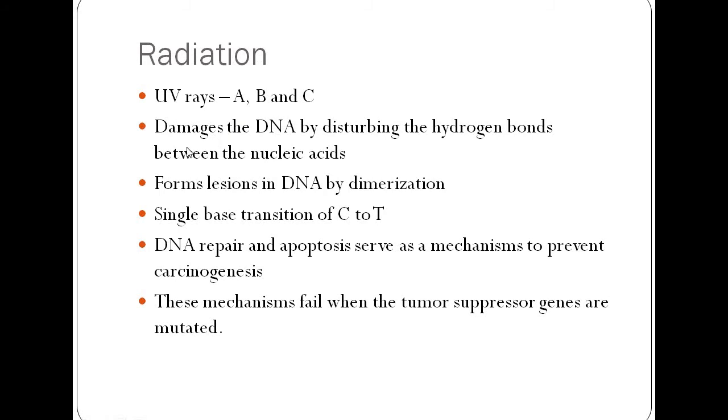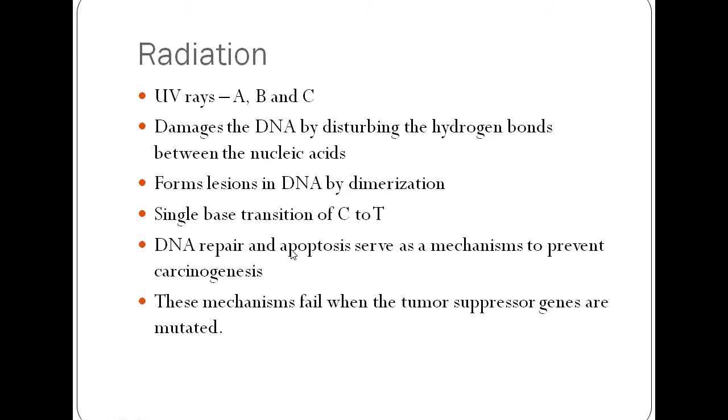Okay, so the damage from this radiation is known to disturb the hydrogen bonds present in the nucleic acid, and it also results in the formation of lesions. So there is generally a single base transition, where the base cytosine gets converted to thymine. Okay, so all the C's get converted to thymine, and it will result in the formation of dimers.